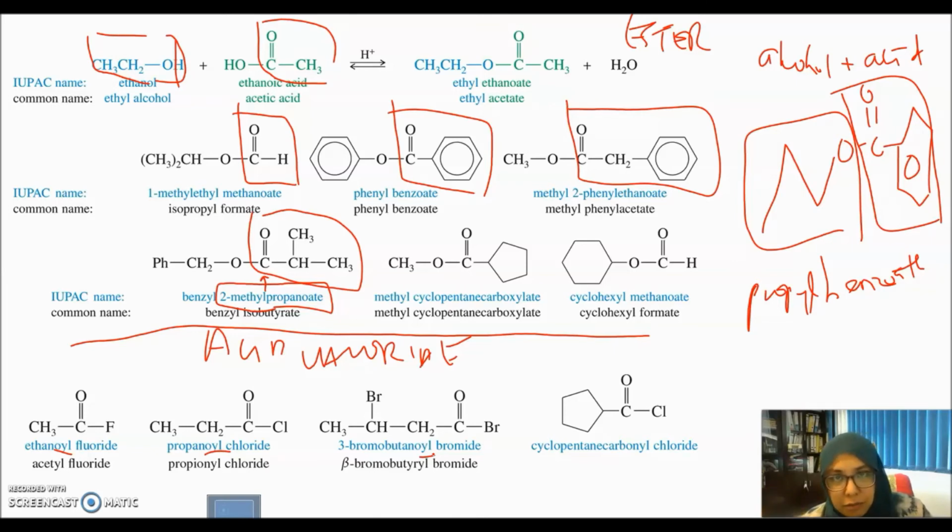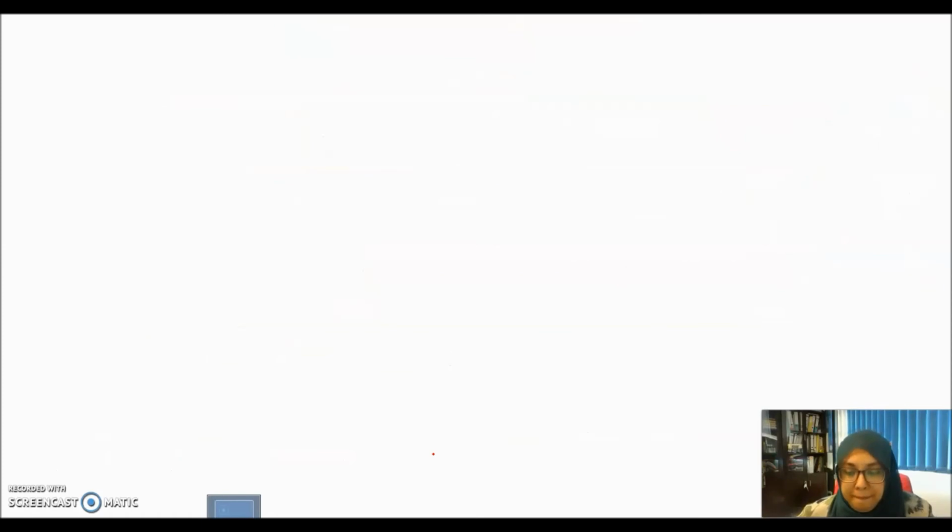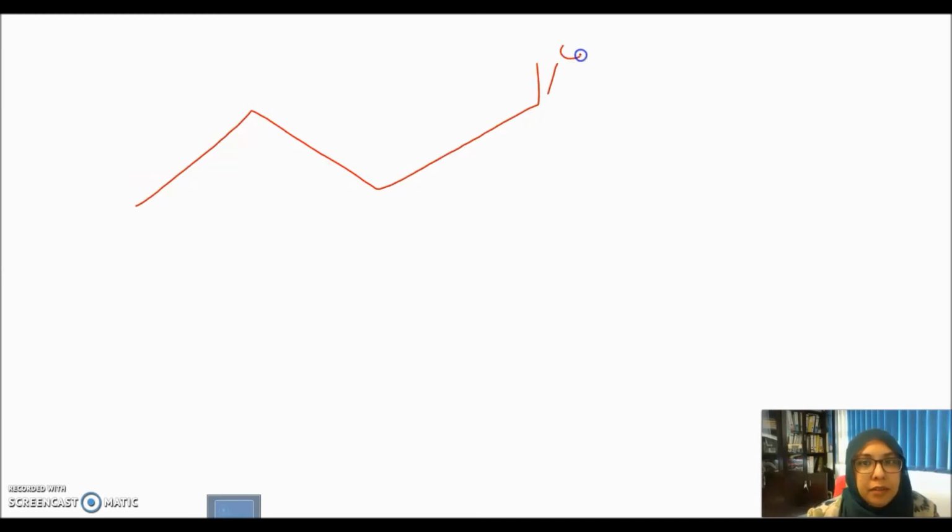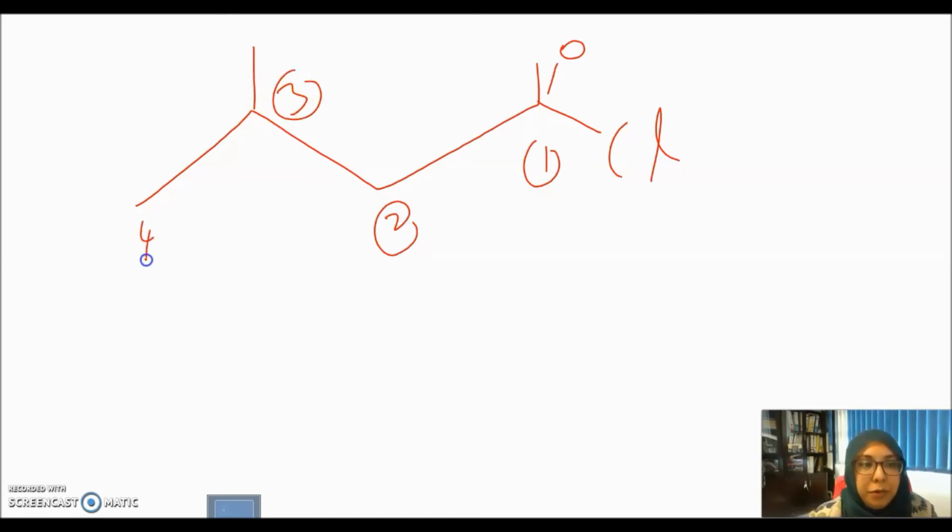Spell out, the end will be your halide, and then the front one will be your carbon chain. So, for example, I have this part, and then I have something very simple like that. Then perhaps I want to add a methyl there. So you check how many carbons you have. You have 1, 2, 3, 4.